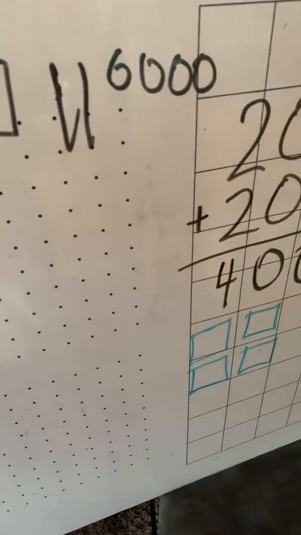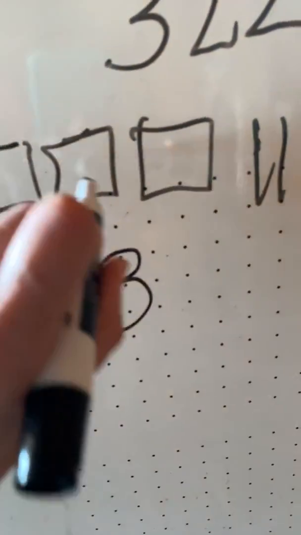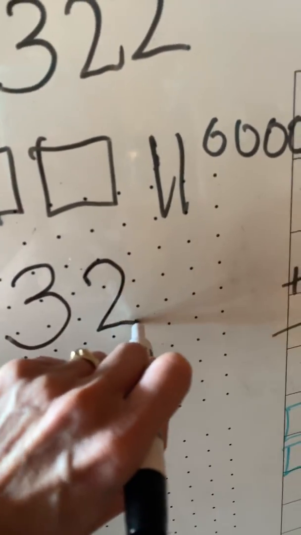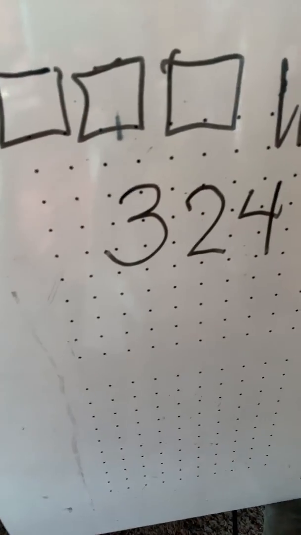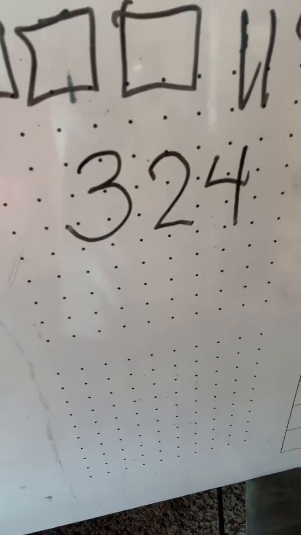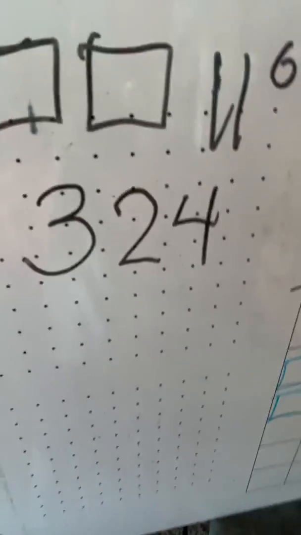How many bags of raisins does the club have? So if they have 3 bags of 100 each plus 24, that would be what number? You got it, 324.